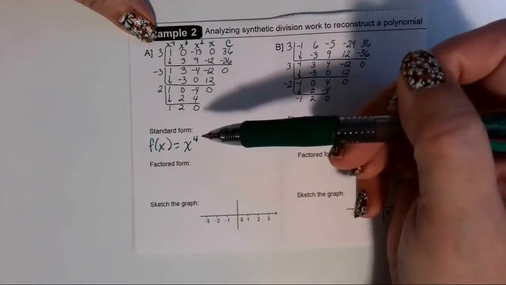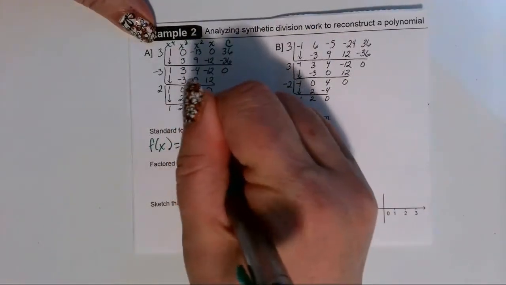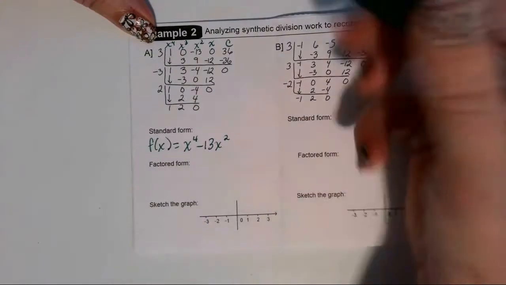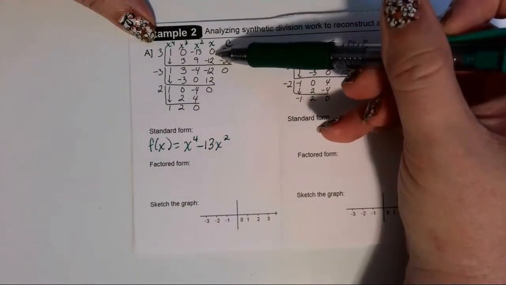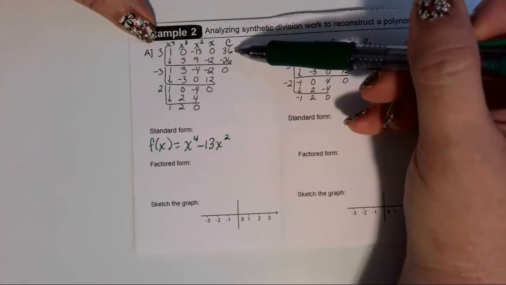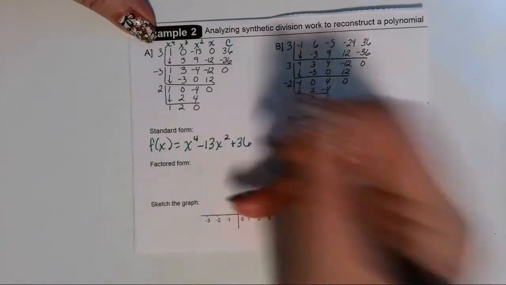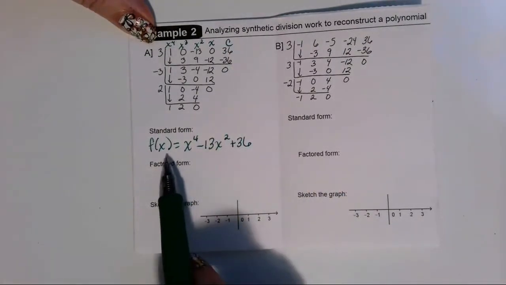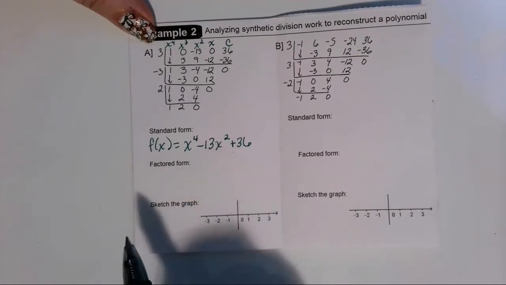The 0 is just a placeholder. Then negative 13x squared. Okay, then 0 x's, so again that 0 is a placeholder for the x value. And then my constant at the end is a 36. So my original polynomial was f of x equals x to the fourth minus 13x squared plus 36.